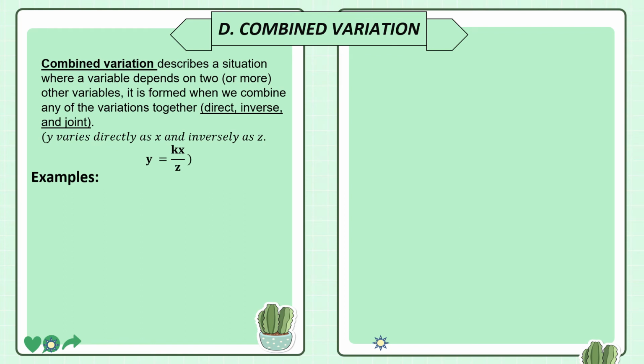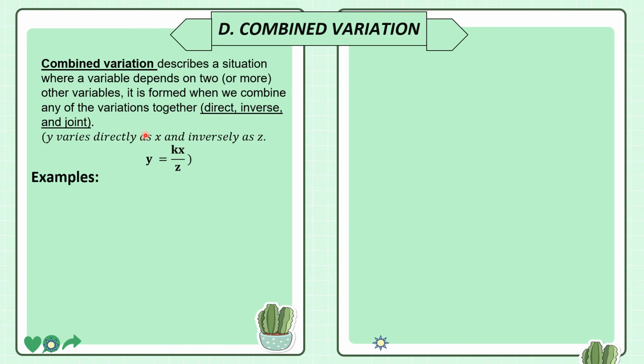So let's define first what combined variation is. It describes a situation where a variable depends on two or more other variables. It forms when we combine any of the variations together: direct, inverse, and joint.